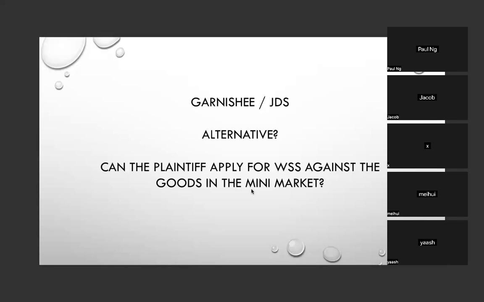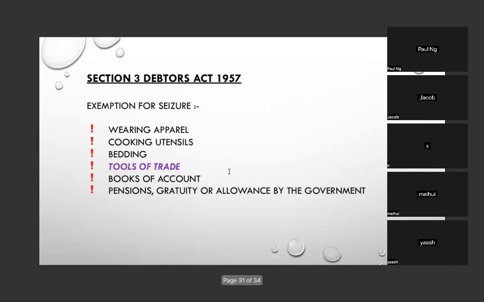Okay, this is actually, I will say, a trick. It's a trick in your question itself. Because for WSS, we have exemptions for things that we can't seize. If you look at Section 3 of the Debtors Act, these are the exemptions itself.